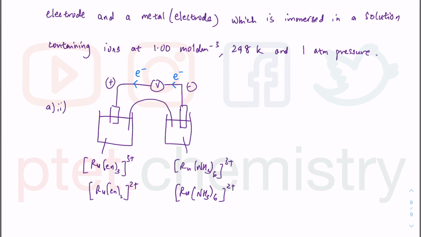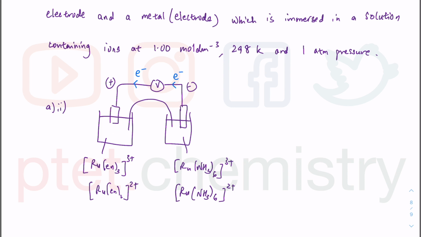Electrons flow towards the positive terminal. Positive terminal is what you call the anode. Am I correct? Electrons are flowing here. This is the positive electrode because of the opposite charge there. So this is the anode.